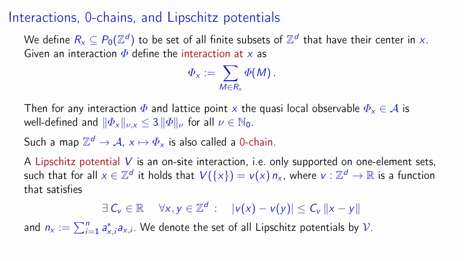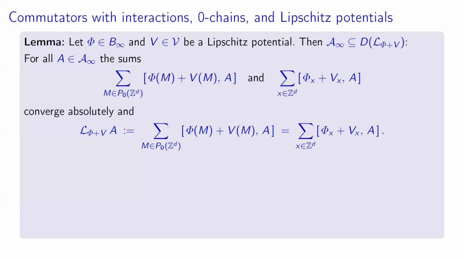Okay, so let me just give you some things. I will not put up all these lemmata. These are technical things, long computations, but in a sense straightforward, as you can hopefully imagine after what I said. What one can now show is, for example, that if we have such an interaction that is in B infinity, fast decaying, and a Lipschitz potential, then the sum of the two defines a derivation on the algebra.